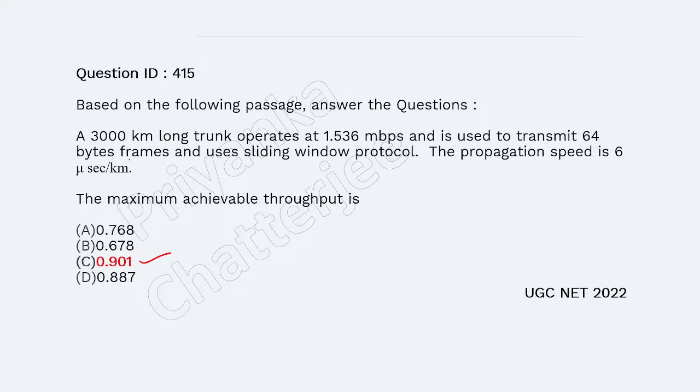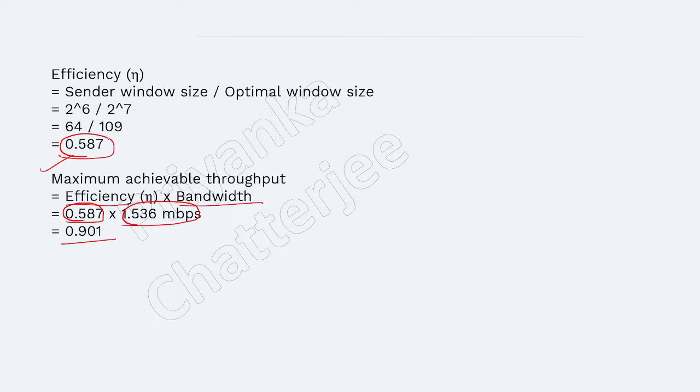So your answer will be 0.901. Must practice the elimination method and getting the closer value, because if you are going to do 0.587 multiply into 1.536 exactly, then you are gone. Try to think of a closer value. How?